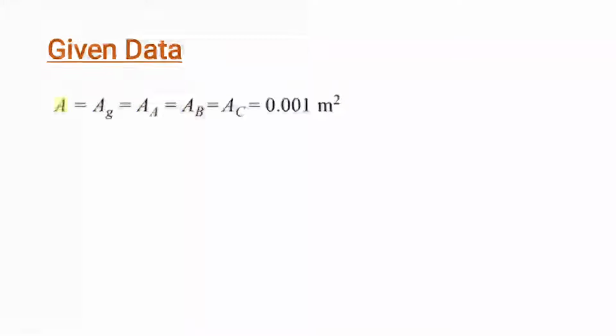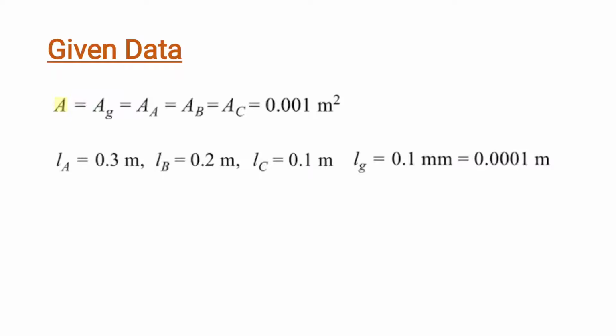So the given data are: the cross sectional area for the air gap and for sections A, B and C is 0.001 meter square, and the lengths are LA equal to 0.3, LB equal to 0.2 and LC equal to 0.1, and LG is equal to 0.1 millimeter, that is 0.001 meter when written in meters.